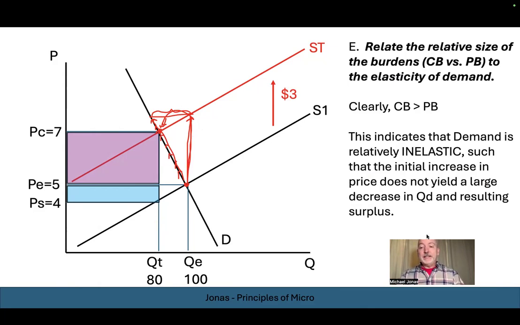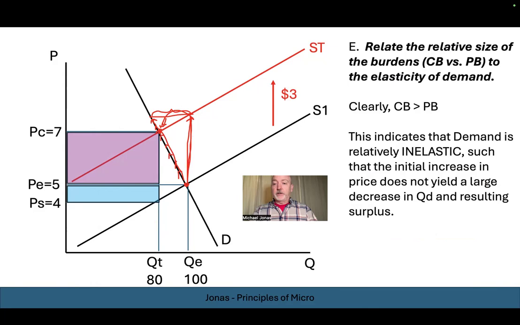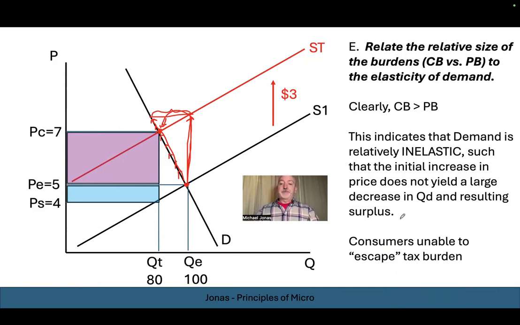So the more elastic a demand curve is, the better able the consumer is to fight back against a tax in the only way they have, which is not buying the good that's being taxed, right? So in this case, the consumers don't have a great ability to do that. They have an inelastic demand, are unable to escape the tax burden to a large extent.